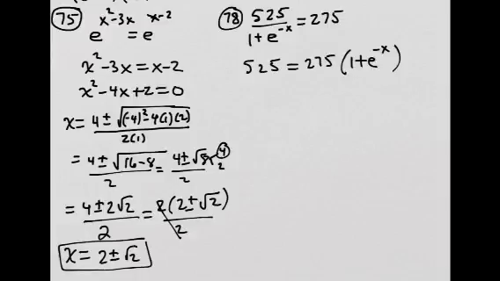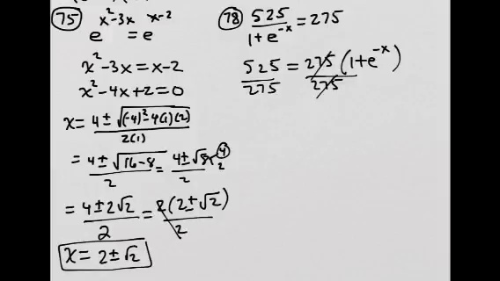I can distribute and then divide, or divide and then move the 1 over. I guess I can divide by 275. And so that gives you, let me see, just reduce it.